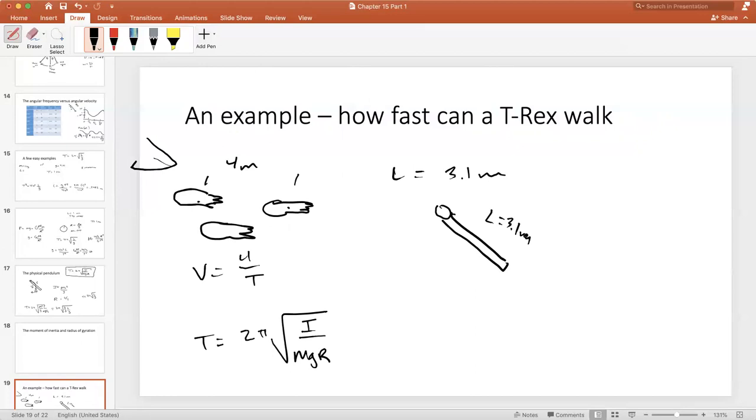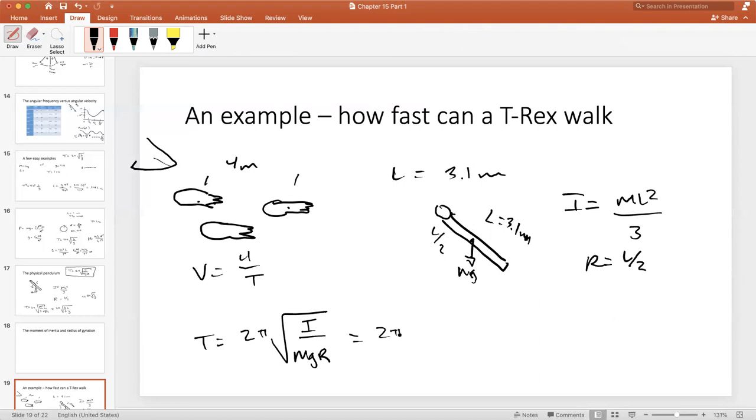And we also assume that its center of mass is right here at L over 2. So I for its leg is going to be mL squared over 3, because it's a long uniform density rod rotating about one end. And the radius of gyration is the length to the point where gravity is being applied, which is the center of mass, which is L over 2.